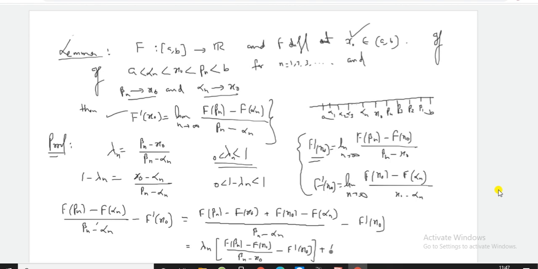So plus 1 minus lambda n into f x0 minus f alpha n divided by x0 minus alpha n, and minus f dash x0. And you see this f dash x0 times 1 minus lambda n and f dash x0 times lambda n, this lambda n cancels out and you will remain with this f dash x0. So therefore it will not change anything.